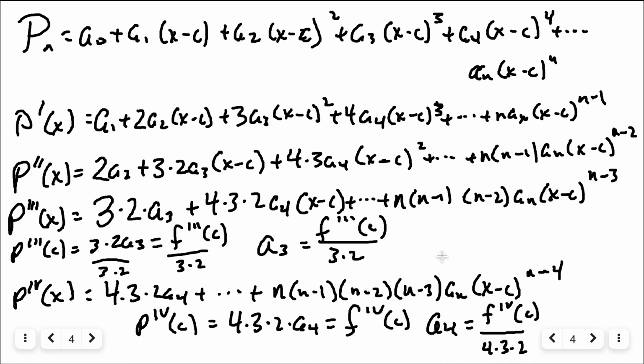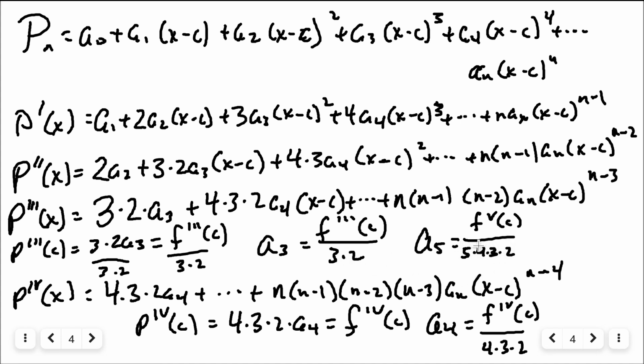So hopefully you're starting to see what's happening here. It's because of the power rule that I keep dropping one power down each time and multiplying by another one of those coefficients in front, making the power the coefficient and multiplying, but it's decreasing by one every time. So a5 would be the fifth derivative evaluated at c over 5 times 4 times 3 times 2.